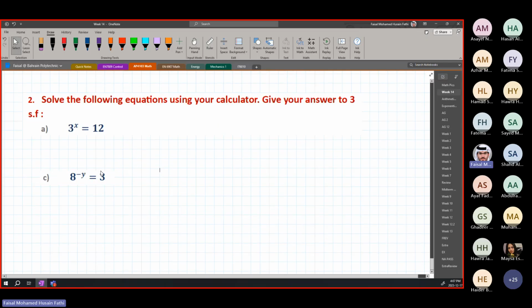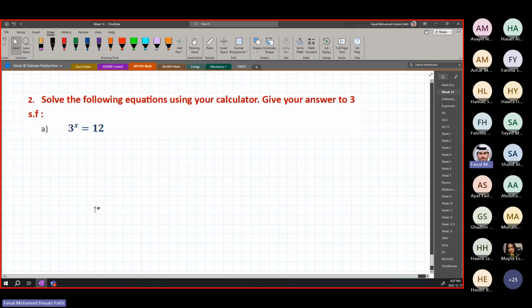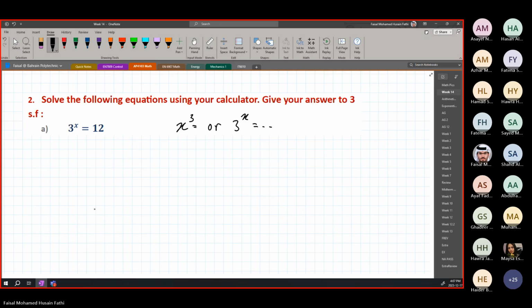The question says, solve the following equation using your calculator. Give your answer to 3 significant figures. We will do the exact same things we did before. Let's do A and then we'll do C. So, what do we have to apply? What's the first rule when you see x to the power of 3 or 3 to the power of x is equal to something?